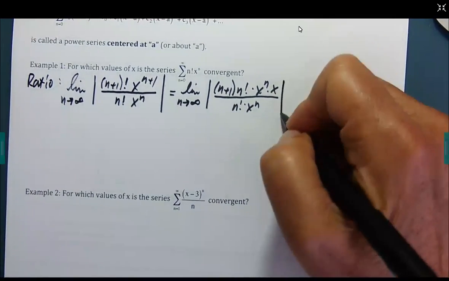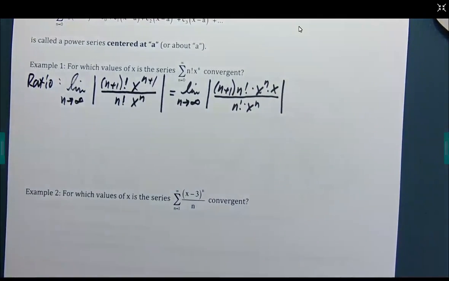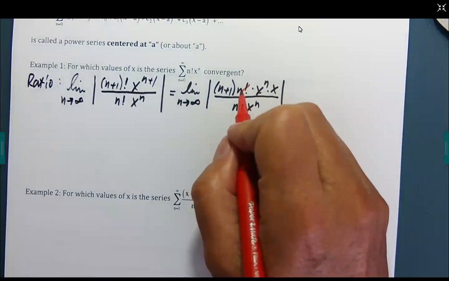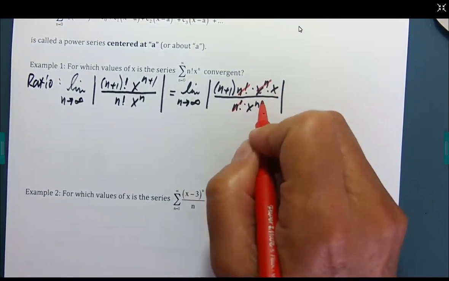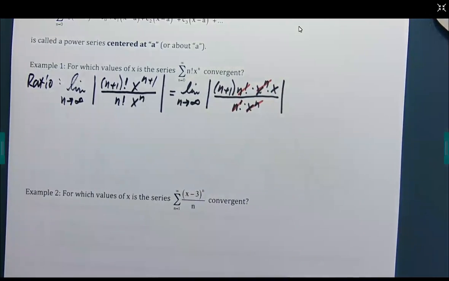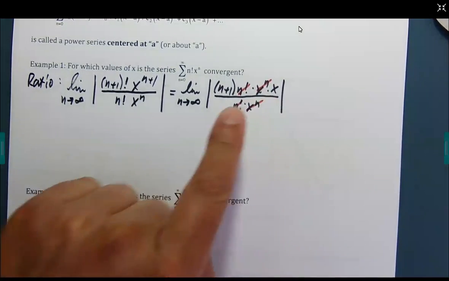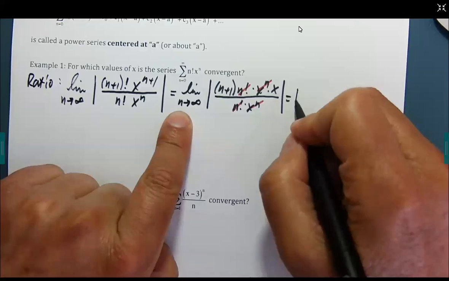And we can clearly see the n factorials dropping out and the x to the n's reducing out. Now the x variable has nothing to do with this limit, so I'm going to actually pull it out in front.